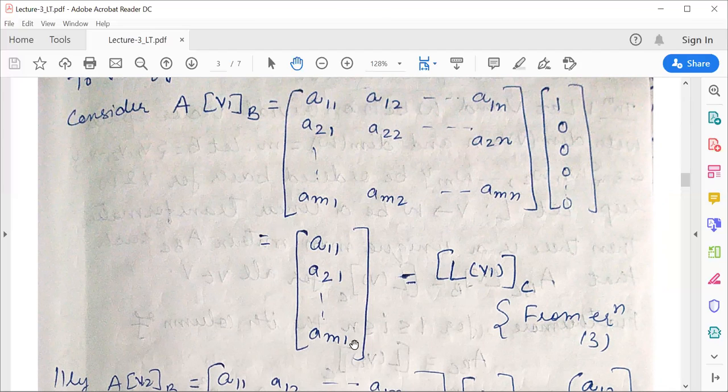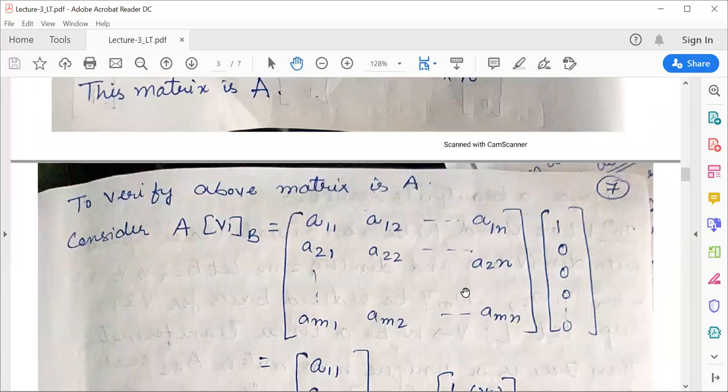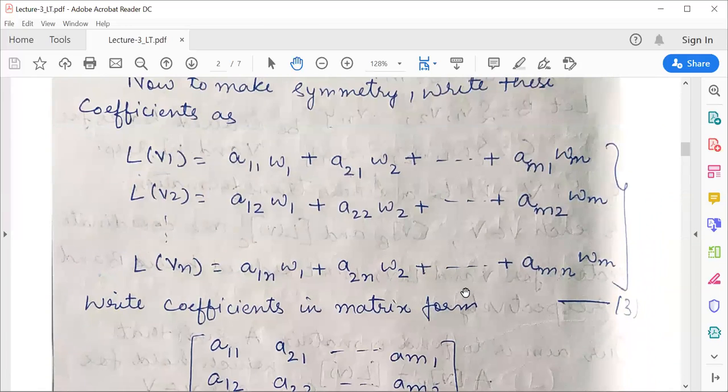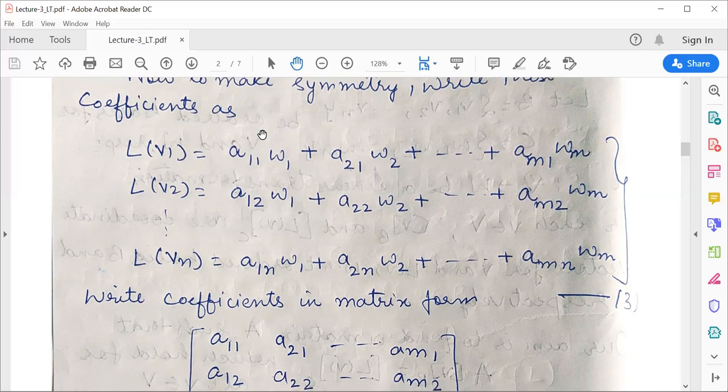This is nothing but the coordinate vector of L V1 with respect to the ordered basis C. If you observe this from equation number 3, if you write down the coordinate vector of L V1 with respect to C, it will be the coefficients A11, A21, AM1. Because what is the coordinate vector? If you write this as a linear combination of elements of the ordered basis, then you get the corresponding coordinate vector.